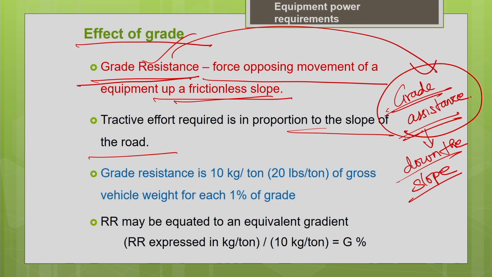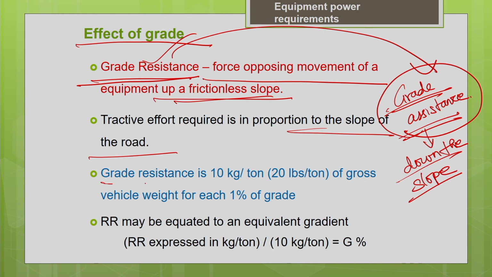That way your operating cost gets reduced. So you have to select the haul route accordingly, so that the total resistance in that particular haul route, your rolling resistance as well as the grade resistance, will be minimum. Otherwise, you have to prepare or maintain the haul route, so that the resistance gets reduced, so that the operating expenses will get reduced.